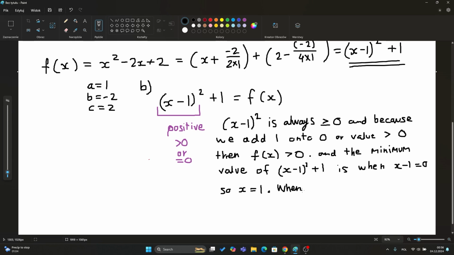When x equals 1, 1 minus 1 squared plus 1 equals 1, and this is our minimum value. So minimum value is 1. Now this is a bit long, but you get the idea.